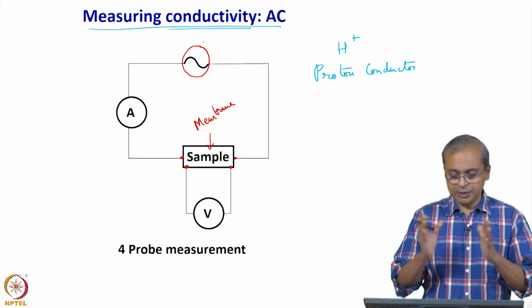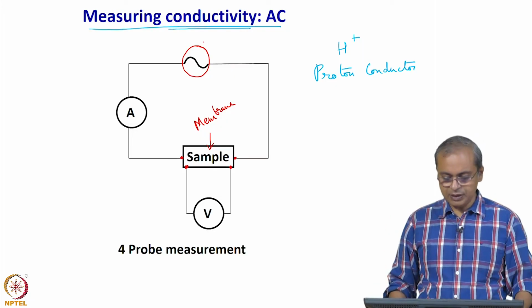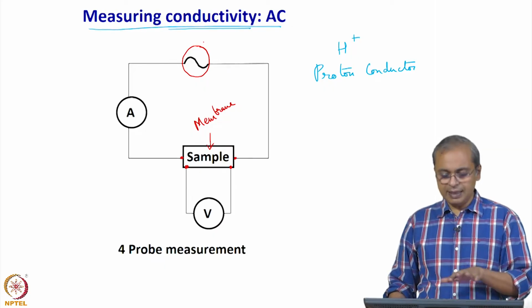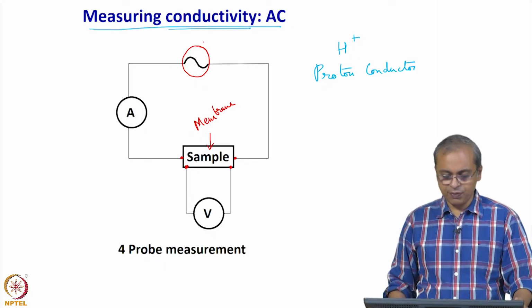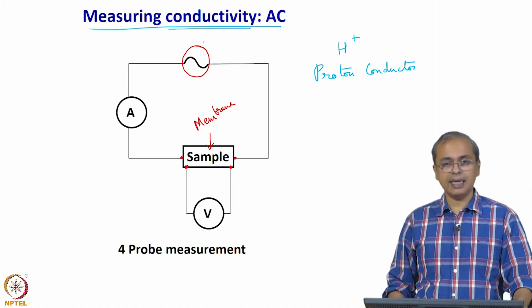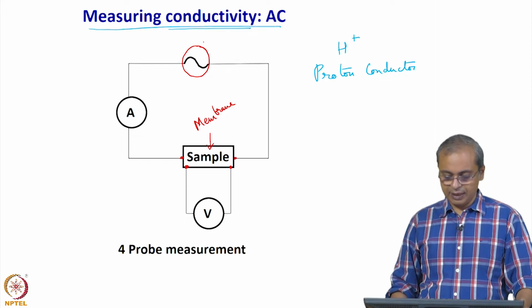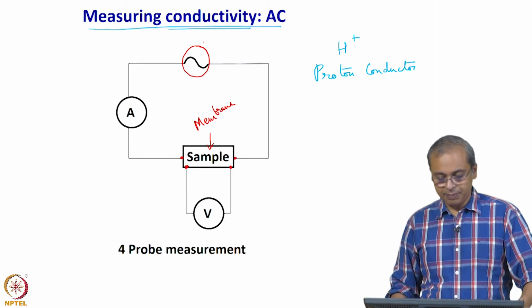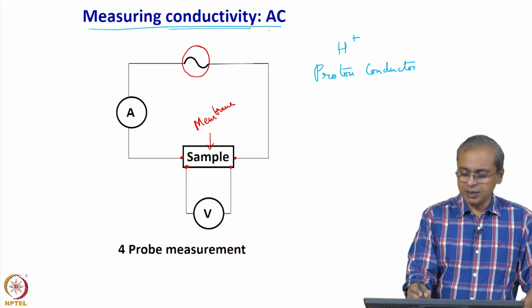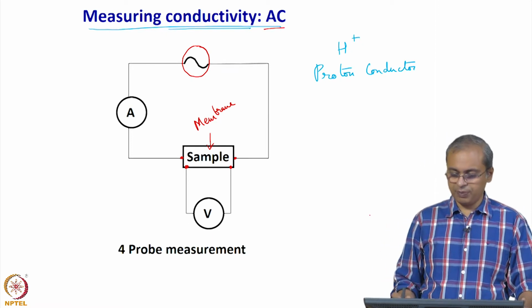If you capture data during the charging process, from that you can calculate the conductivity if you wish, but generally speaking it is easier and more effective if you use an AC impedance technique to get values for the conductivity of this sample. This technique is explained in great detail in another NPTEL course, on physics of materials.